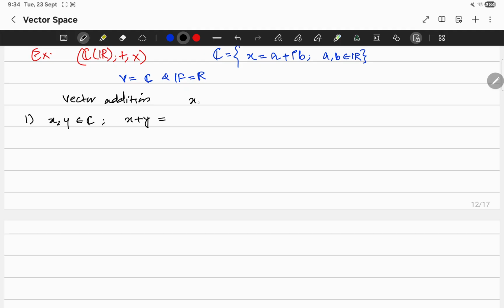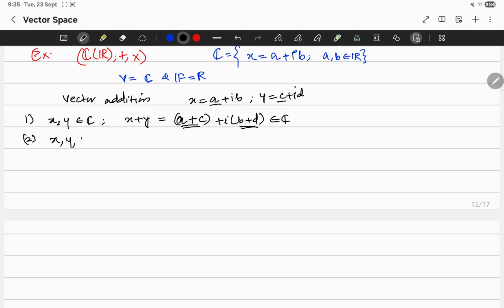So if x is equal to a plus iota b, y is equal to c plus iota d, then x plus y will be (a plus c), the sum of the real parts, plus iota (b plus d), the imaginary part. This is the sum of two real numbers. The sum of two real numbers is again a real number, so it will again be a complex number, so it is closed.